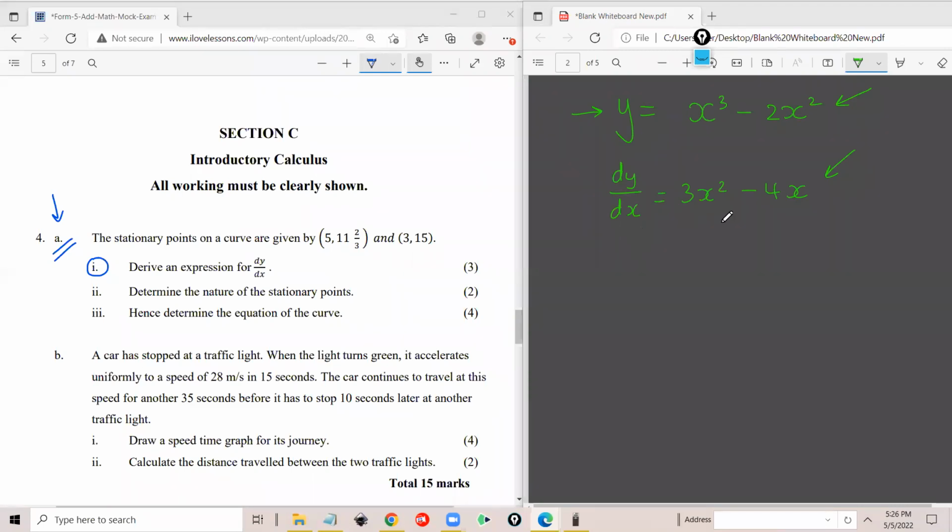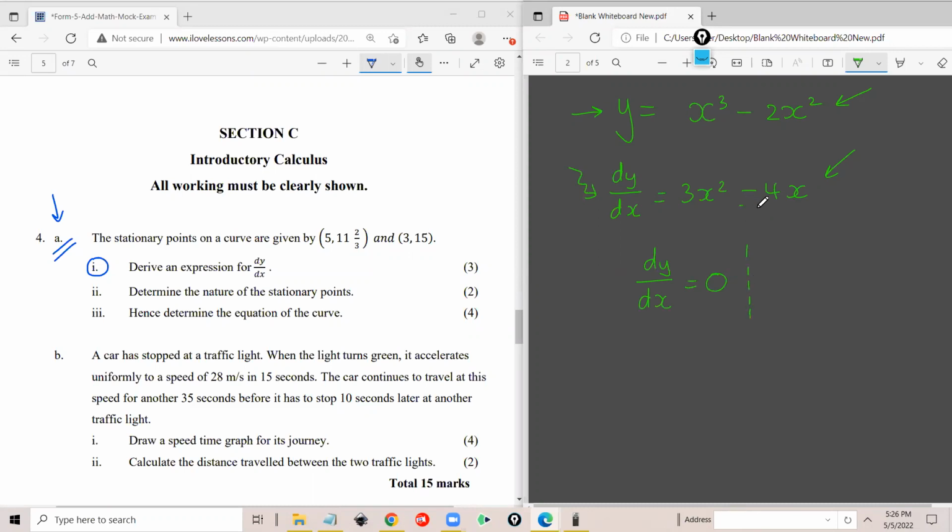Quick refresher. When they ask you to find the stationary points, right? Provided that we magically somehow found dy dx, if they ask us to find the stationary points, what would we do? We would take dy dx and put it equal to what? 0.